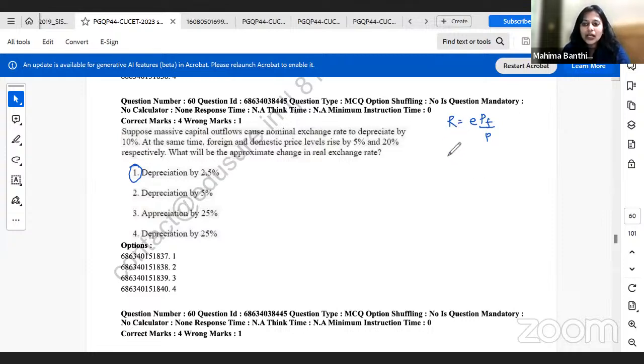Okay. Then we take logs. So this becomes log R is equal to log EPF by P. Then we totally differentiate this.